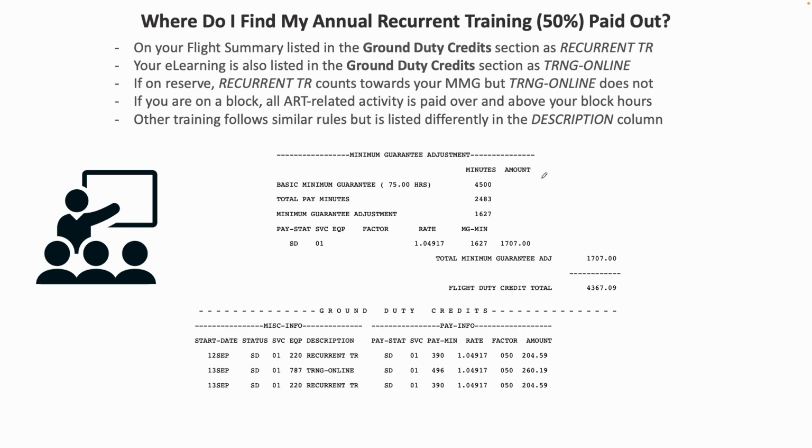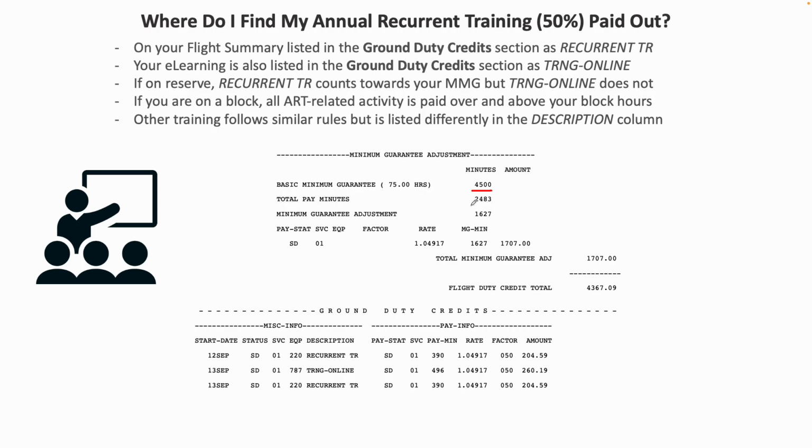Now, in this particular case, I did annual recurrent training as a reserve. So my time in training had to be counted towards my minimum monthly guarantee. If we do a little bit of math here, we can see that, as always, I was supposed to be getting 75 hours or 4,500 minutes of guaranteed pay.